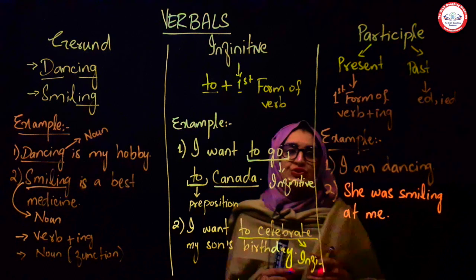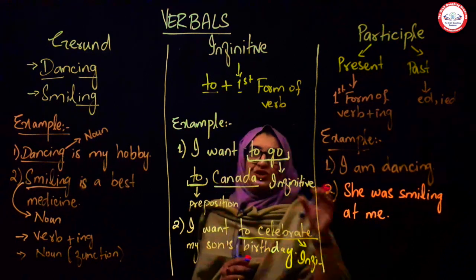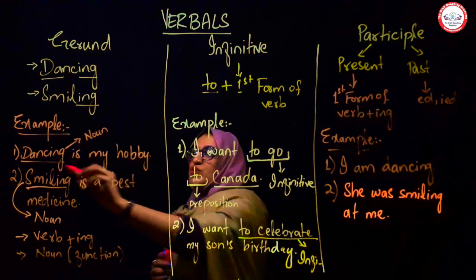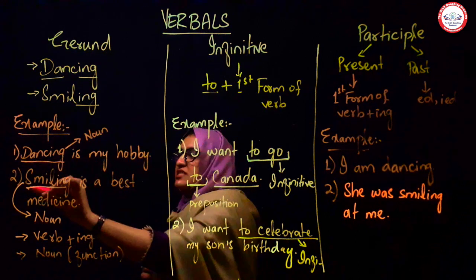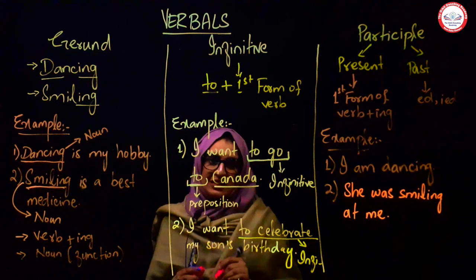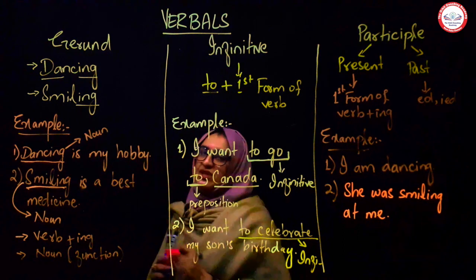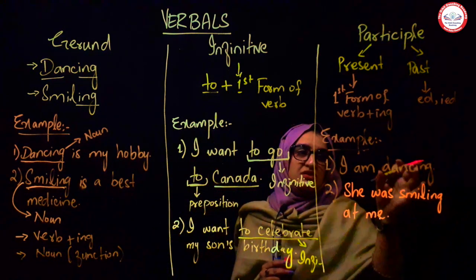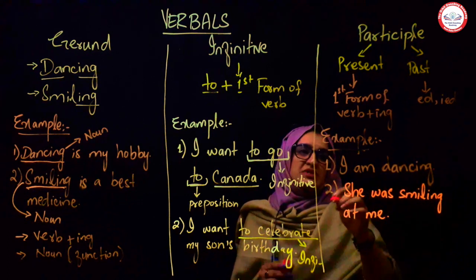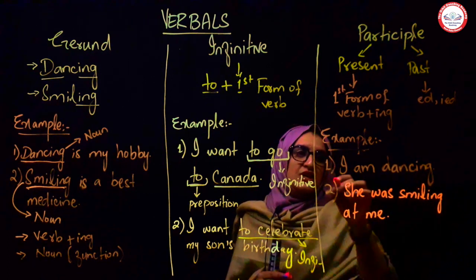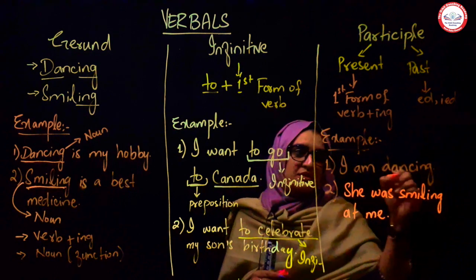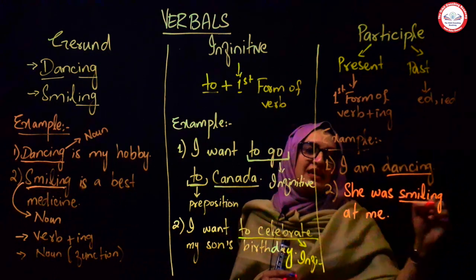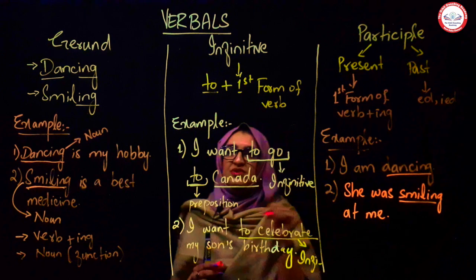Now I want you to notice two things over here. First, under the gerund we used dancing and smiling at the beginning of the sentence, working as the subject of the sentence. While in these sentences I have not used the same two words in the beginning, but somewhere else in the sentence: I am dancing, and she was smiling at me. So this is the first difference between these two.